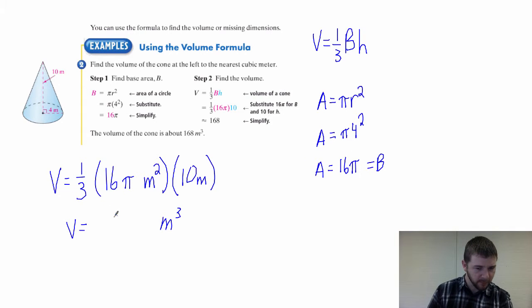So our volume, 168 cubic meters, and I recognize that's not our exact answer. Since we're rounding, we really should not use an equal sign. Instead, we should use this approximately equal to sign.